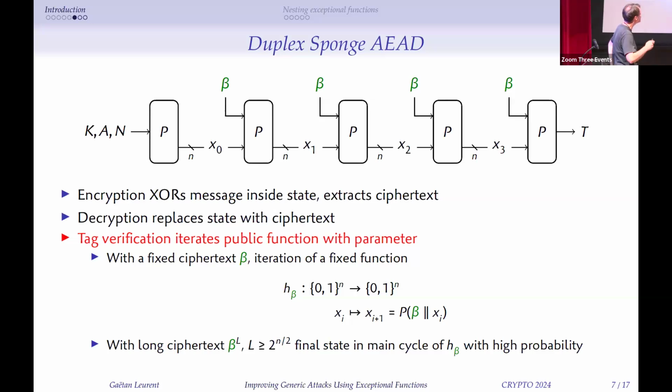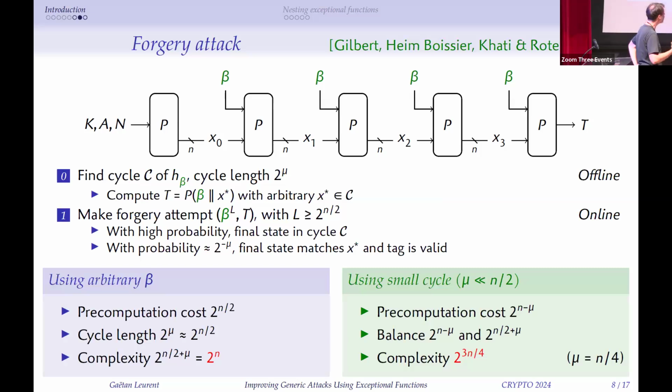And so if the adversary fixes the ciphertext block to some constant value beta and uses a very long message with lots of blocks of beta, with high probability, the state at the end will be in the main cycle of this function h_beta, which is built from the permutation and the constant beta. And this gives a forgery attack, which is actually relatively simple.